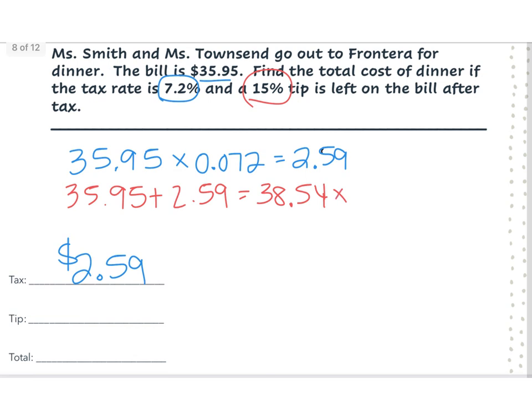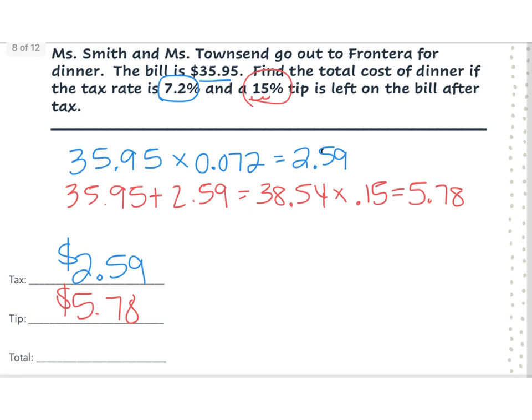So we're going to multiply it by, scoot your decimal place 2 to the left, 0.15, which when we do that, we are going to get 5.781, which we're talking about money here again, so that 1 tells us to keep the 8, so $5.78.